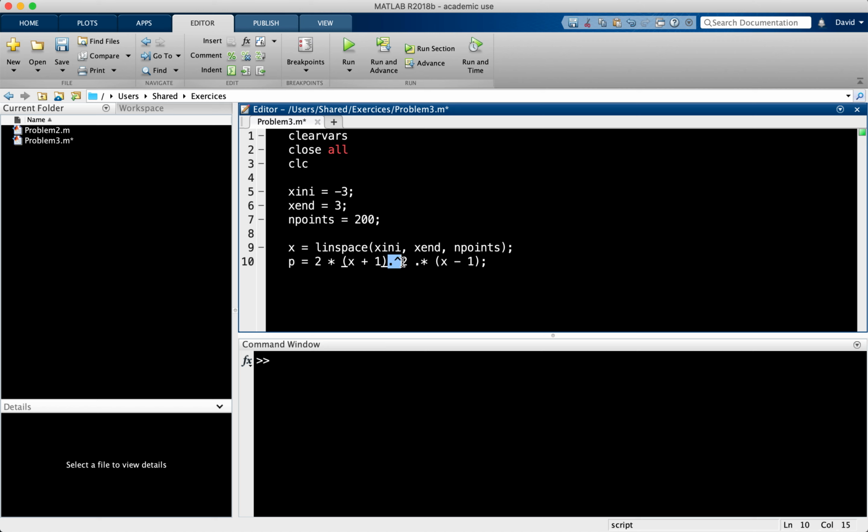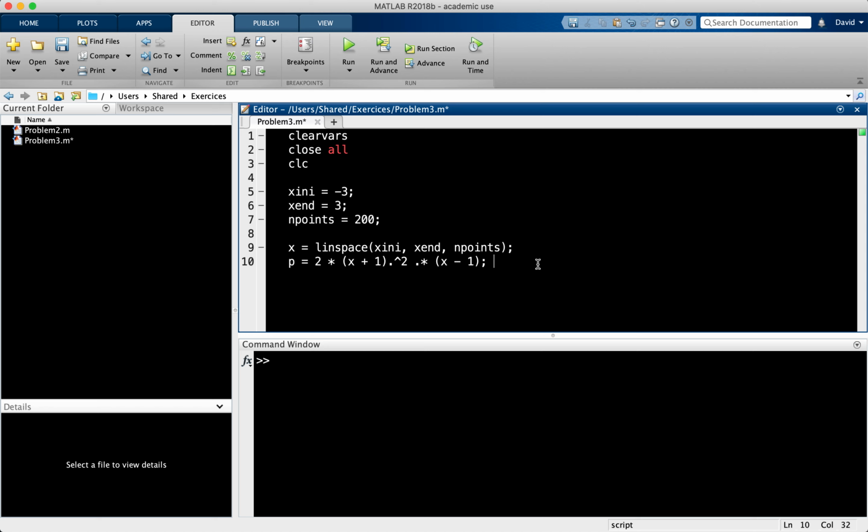When we do component by component power 2, the result is a vector, and then this vector will multiply component by component another vector, and the final result is the vector that corresponds to the function p.